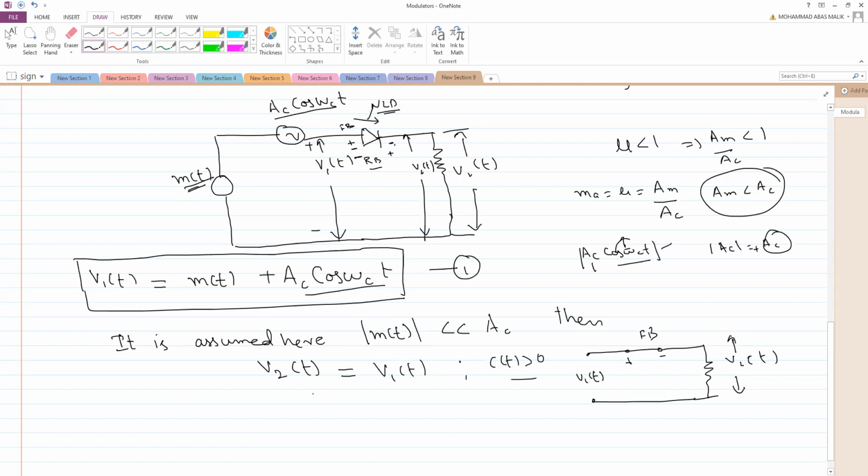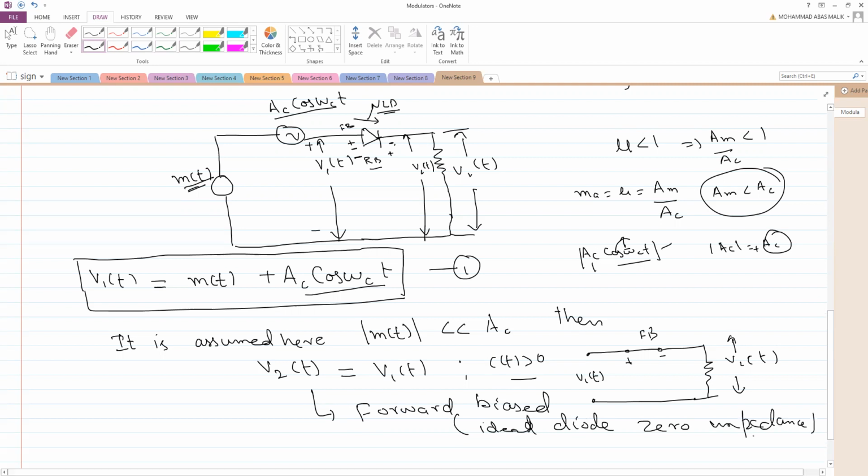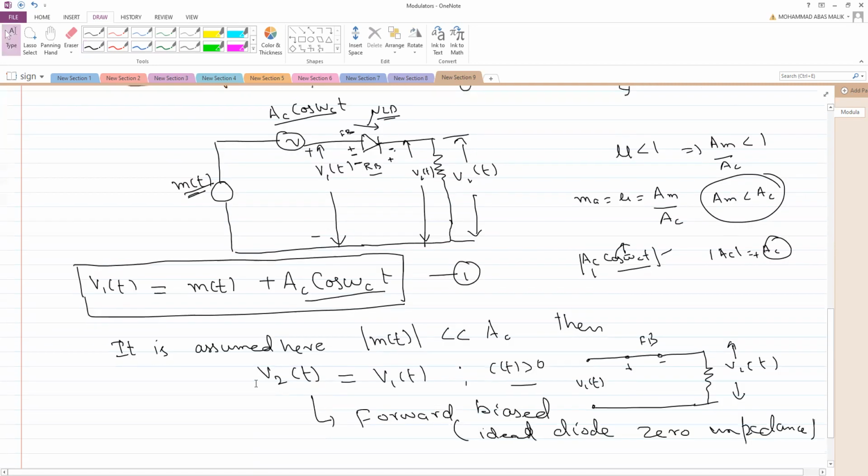This situation is forward bias. Are you noting down or not? Yes, sir. I'm trying to explain minutely. For an ideal diode, it has zero impedance. So in this case, V2 of T will be equal to V1 of T.